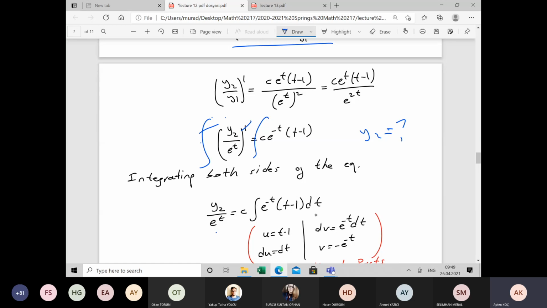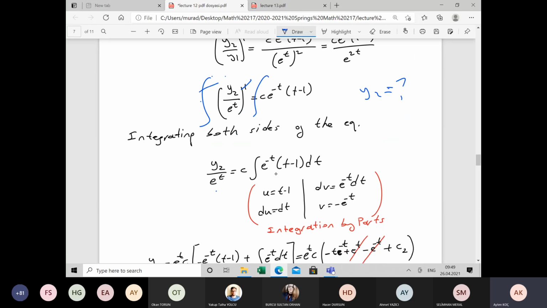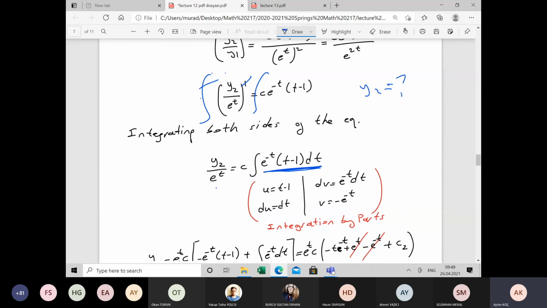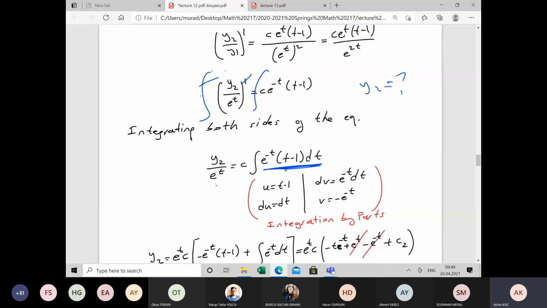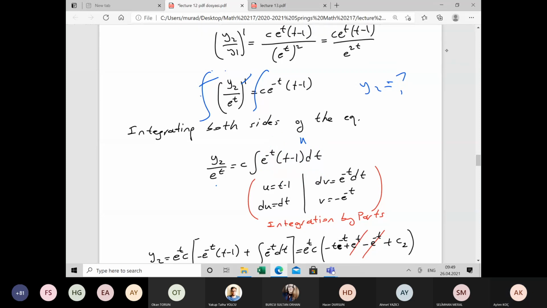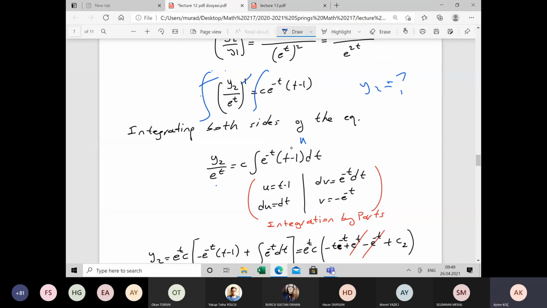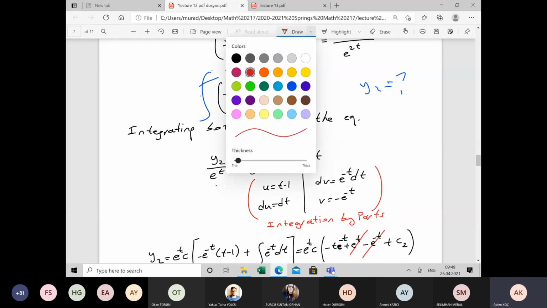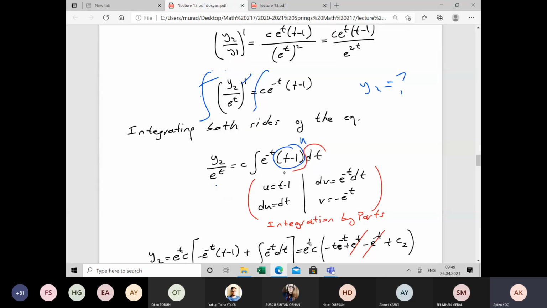So for this product, using integration by parts, of course, with a polynomial times an exponential, the polynomial should be u, and the other part is dv.